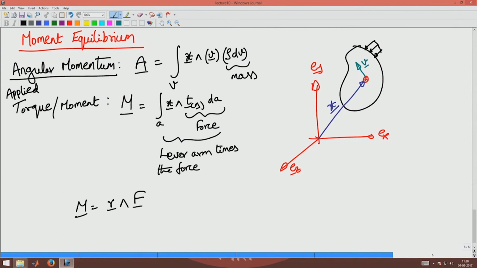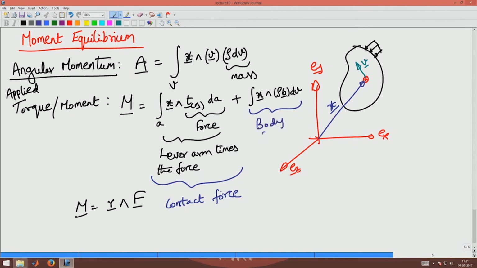That will be the moment applied on the body, plus the integral of x cross rho b dV. This moment is due to contact force and this moment is due to body force.